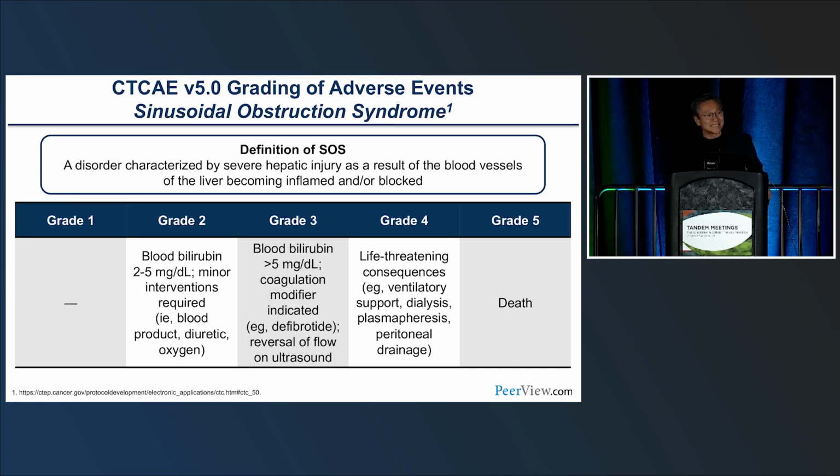So using the CTCAE grading for adverse events in SOS syndrome, we are now able to look at severe hepatic injury by a grade of 0 to 5, depending on the bilirubin. The bilirubin splits between grade 3 and 4, depending on whether it's 2 to 5, greater than 5, or life-threatening.